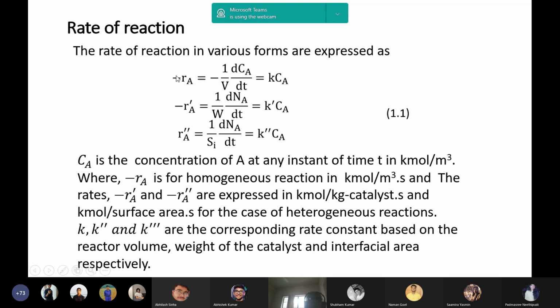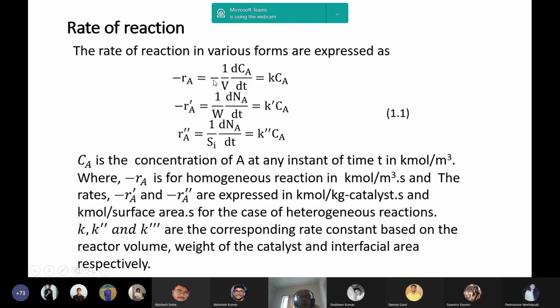If it is a positive sign, then the species is on the right hand side. If it is on the left hand side, then A is the reacting species. With the progress of reaction, A will decrease, so it is a minus sign.